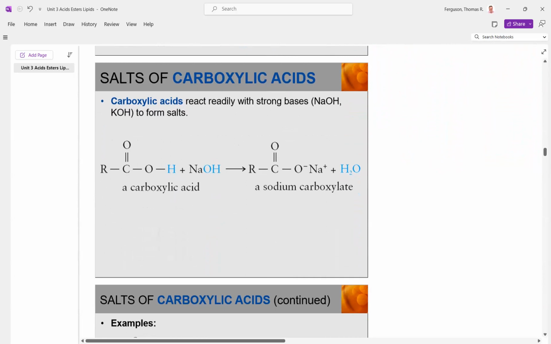When a strong base is around a weak acid, like a carboxylic acid, the OH on the strong base grabs hold of that hydrogen on the acid and forms water. And this is called the acid salt.